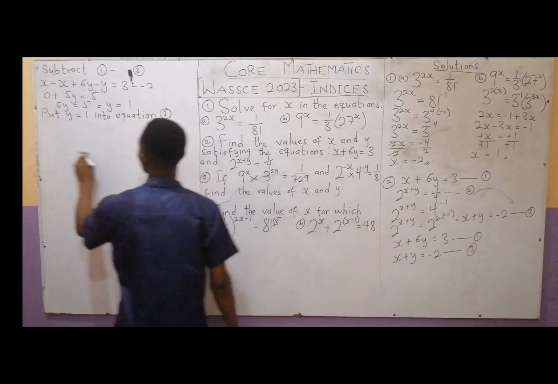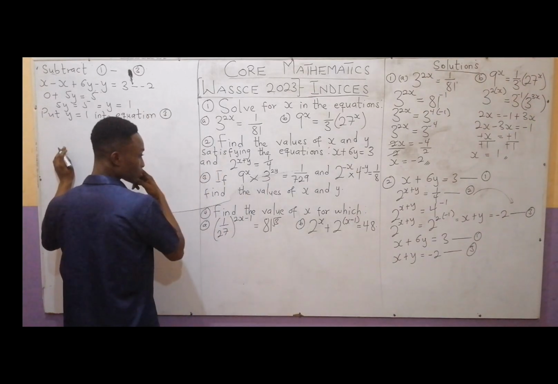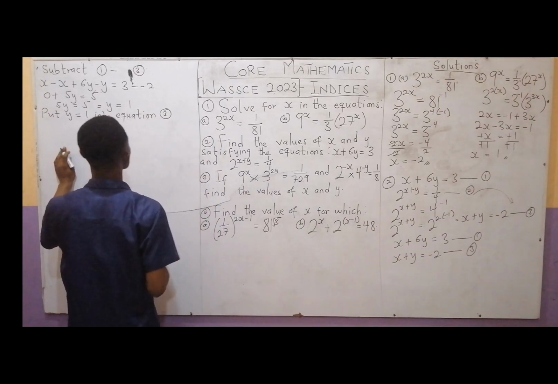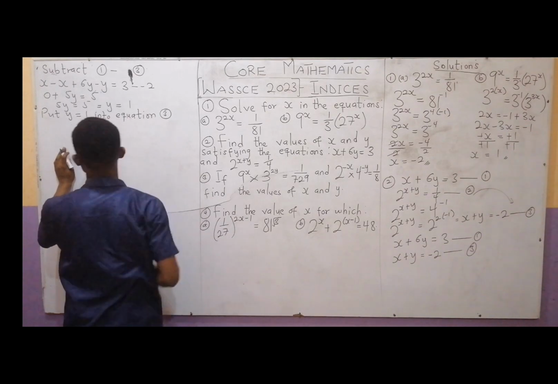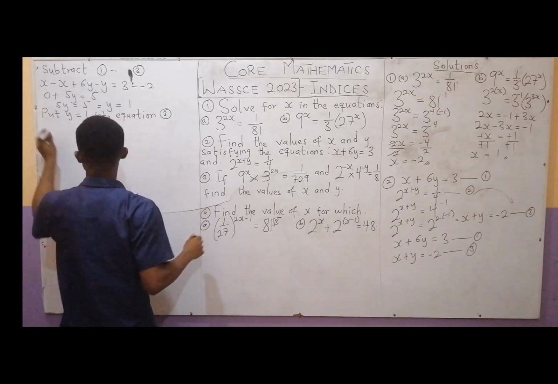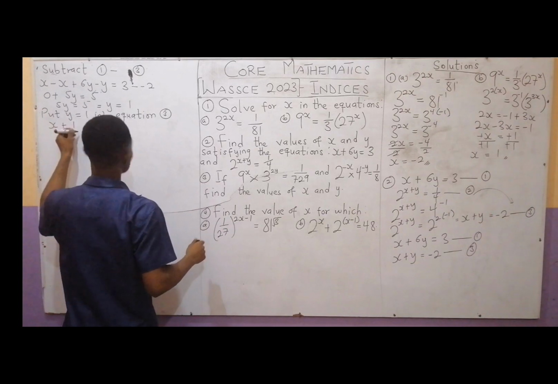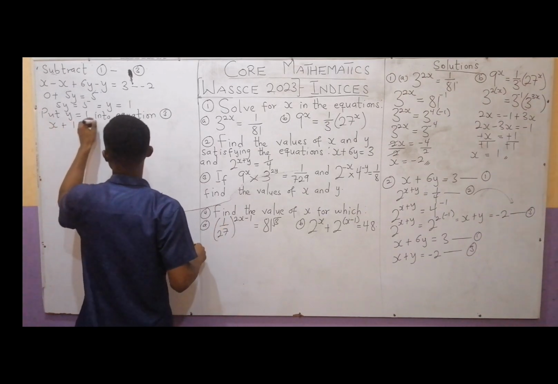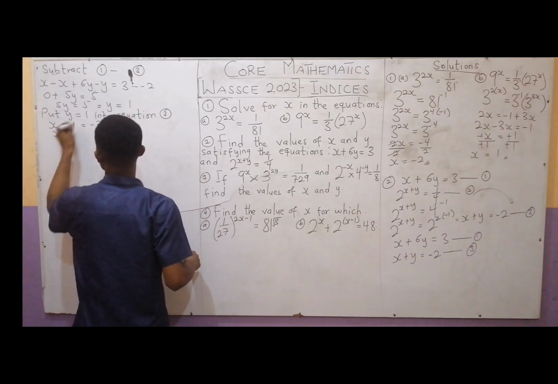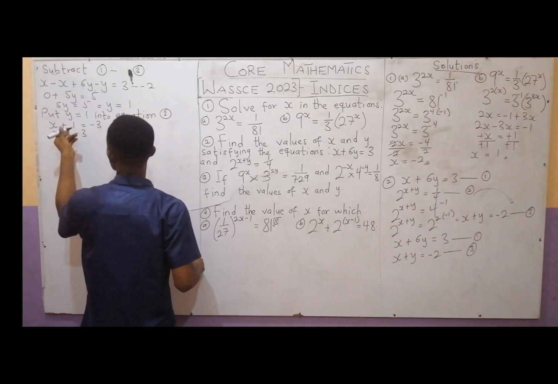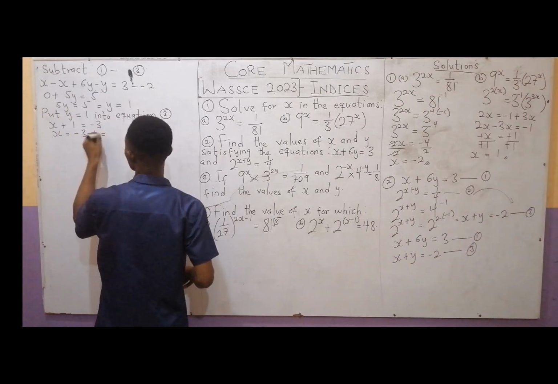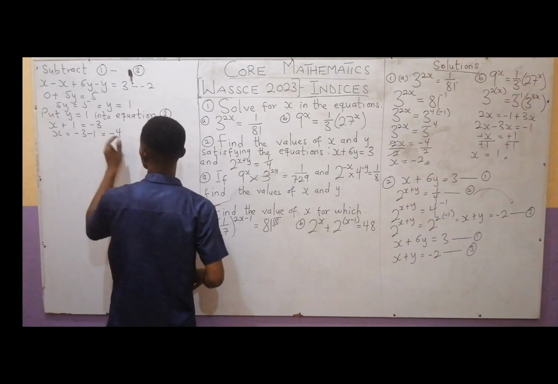Any of the equations will work. So let's try equation 3. Equation 3 is x plus y is equal to negative 2. Where y is 1, sorry. So we have x plus 1 is equal to negative 2. So x is equal to negative 2 on the right, minus 1. So x is equal to negative 3.